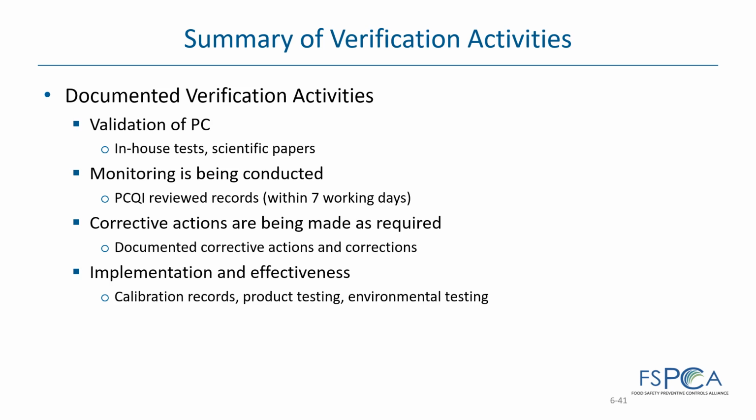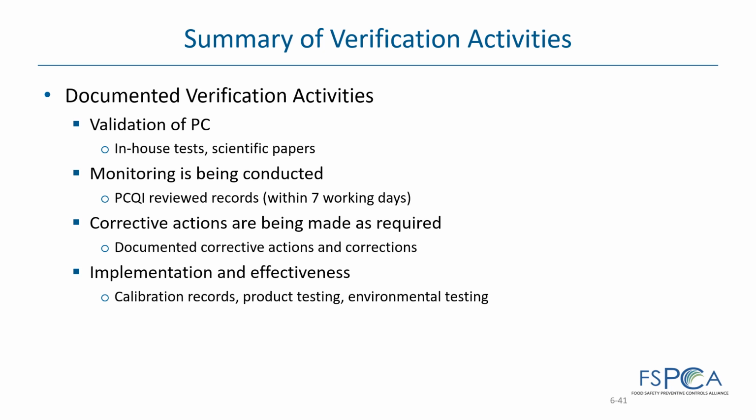So to verify all of our verification activities, first of all, validation is a verification activity that's used to validate a preventive control. We can use things like scientific papers and in-house tests to help us make sure that our preventive control is designed correctly.